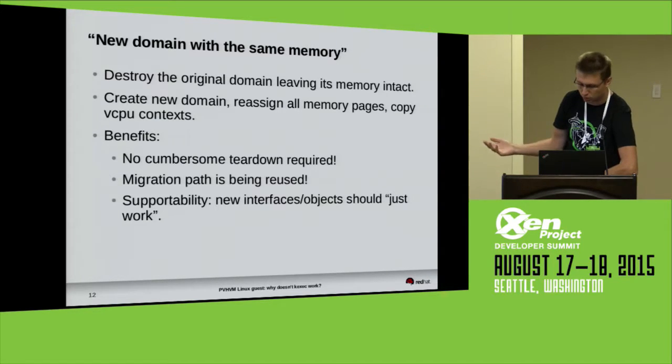We can reuse migration. Actually, we'll be self-migrating, just transferring memory pages from one domain to the other on the same host. It's also good from a supportability perspective, because if in future we introduce some new bits in Xen, we don't need to tear them down. We just create a new domain, and it's clean by definition.